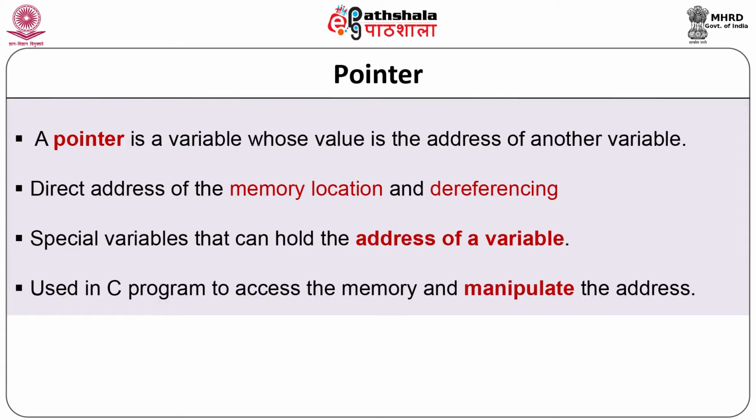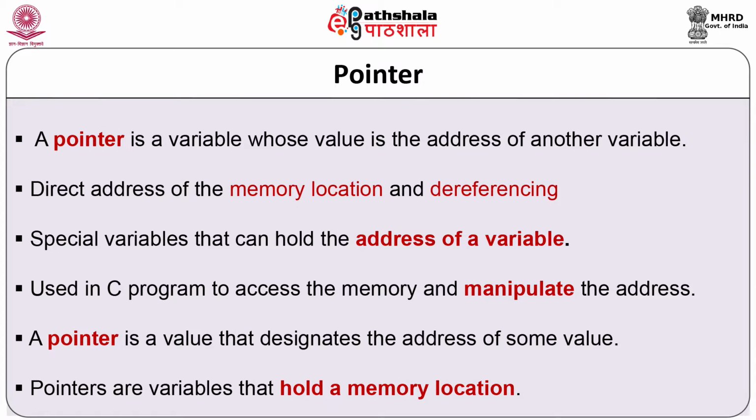Pointers are used in C programs to access memory and manipulate addresses. Pointers are used frequently in different C programs to define a pointer variable, to assign the address of a variable, and to access the value at the address available in the pointer variable.